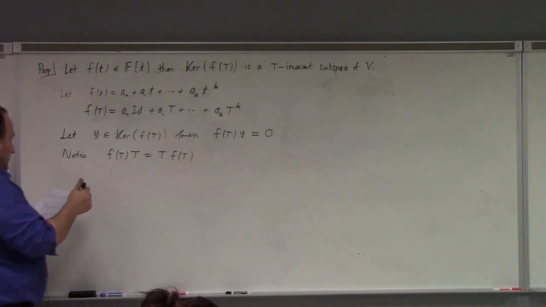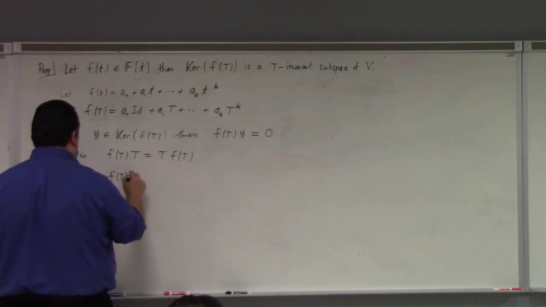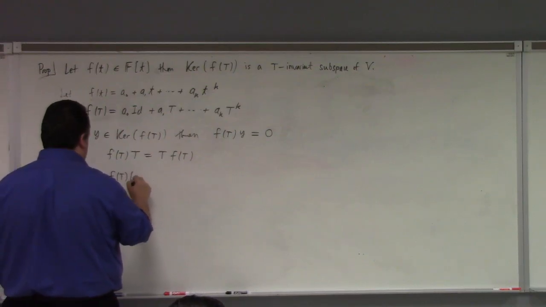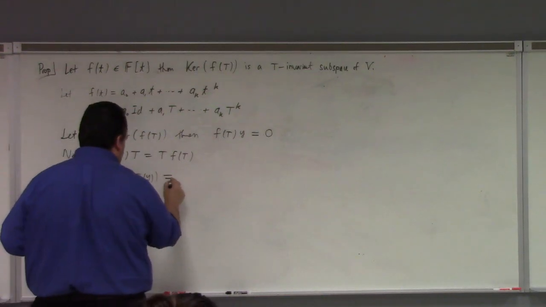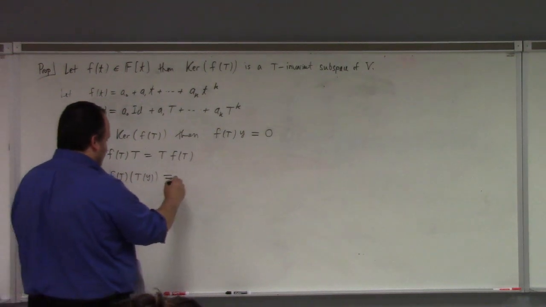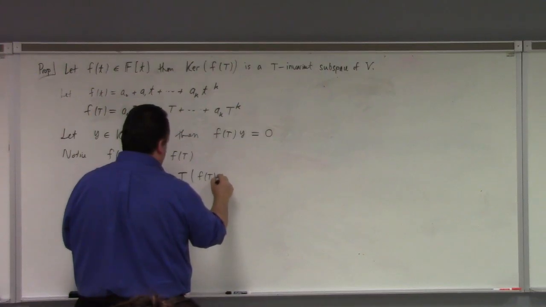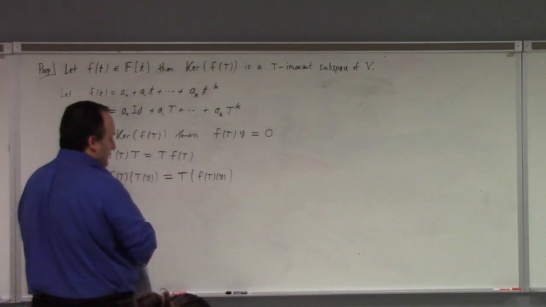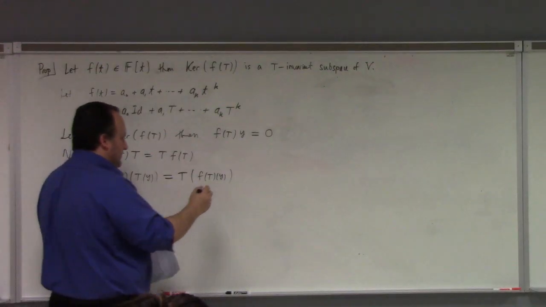And so in view of that, we have f of T acting on T of y is equal to what? Well, that's the same as T acting on f of T acting on y, right? But f of T acting on y is by assumption 0. And so we have T of 0.